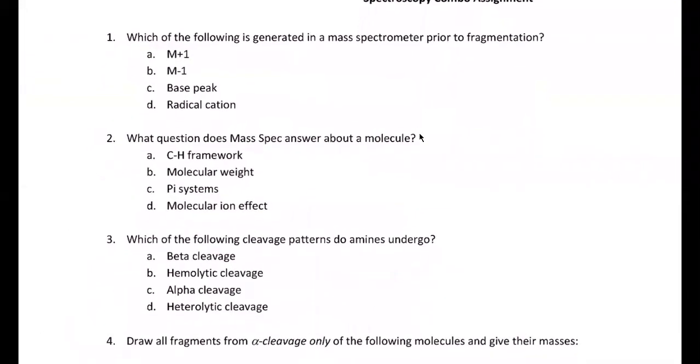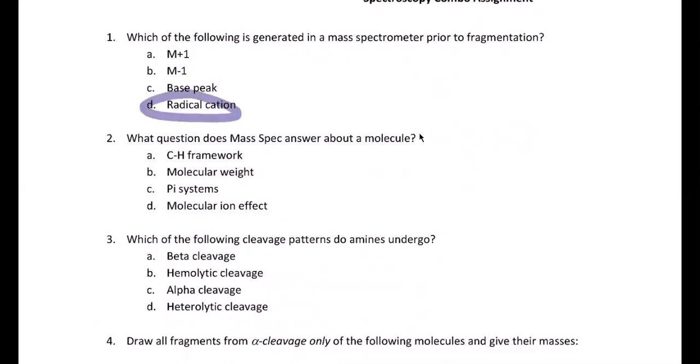It says, which of the following is generated in a mass spectrometer prior to fragmentation? So before you pound that molecule into pieces, what is the very first species that you generate after bombarding it with that electron beam? D, the radical cation. Good.